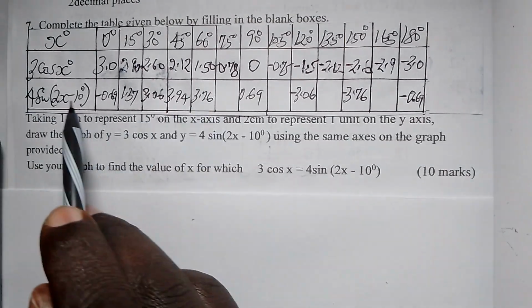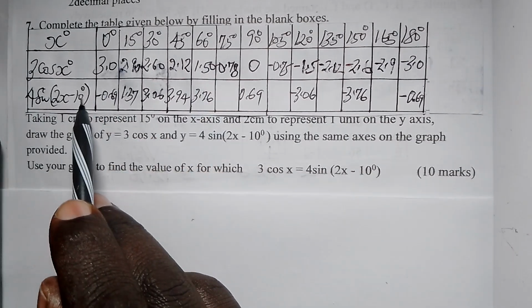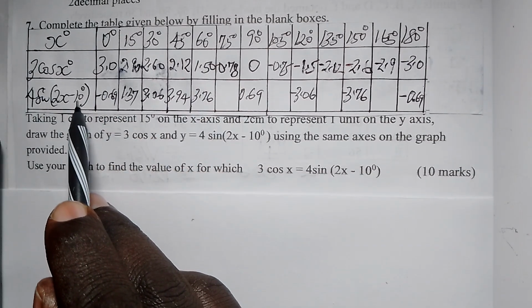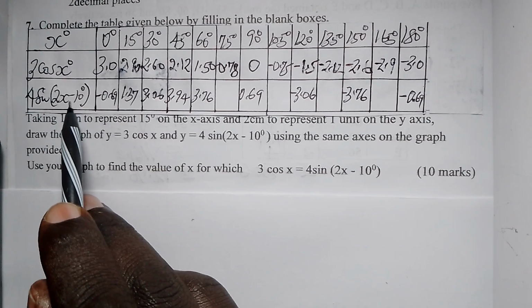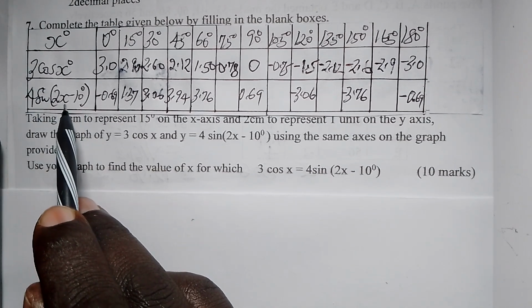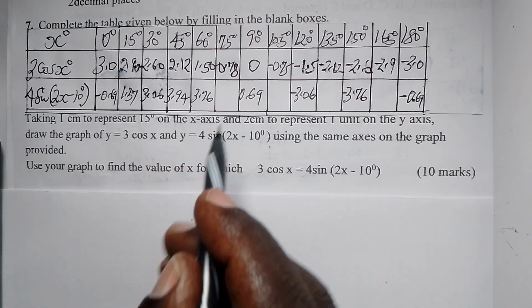And then the other one is 4 times the sine of, this is 150 minus 10. 150 minus 10 is 140. So 4 times the sine of 140, that gives you 2.57.